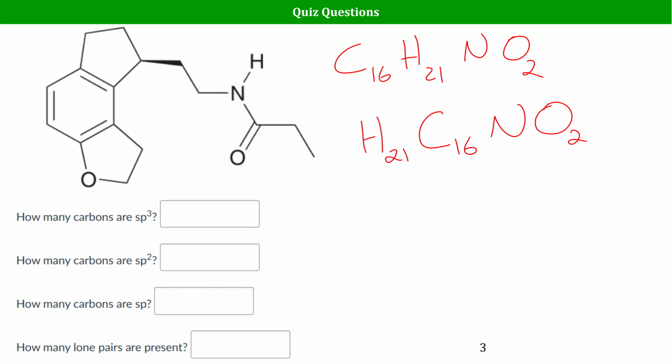As far as how many are sp3 versus sp2, the easiest way to tell if a carbon is going to be sp2 is if it has a double bond or a positive charge.